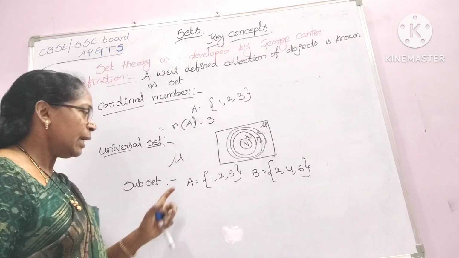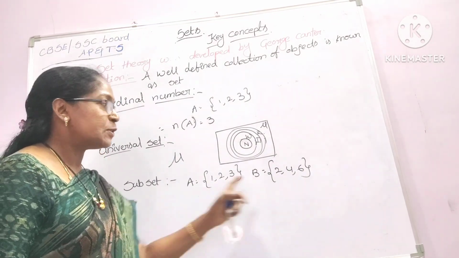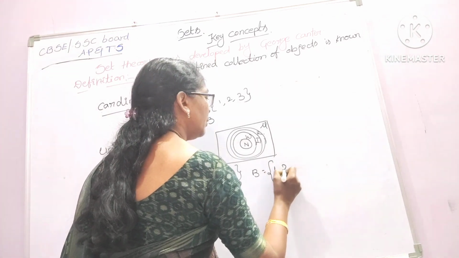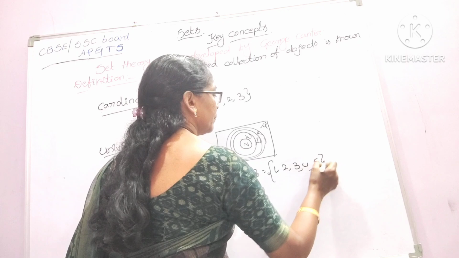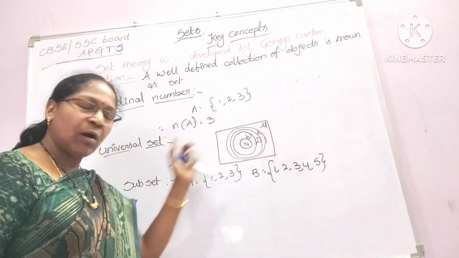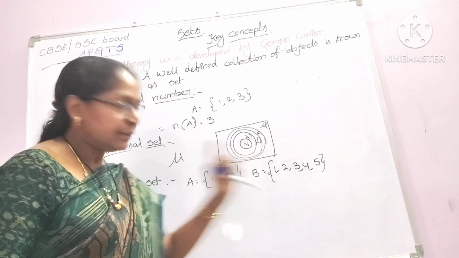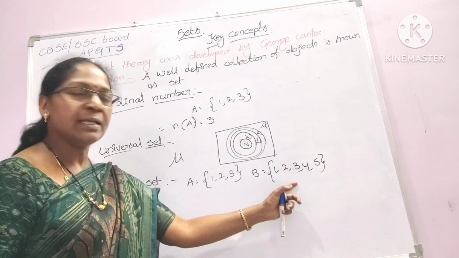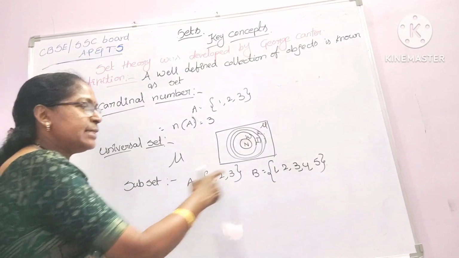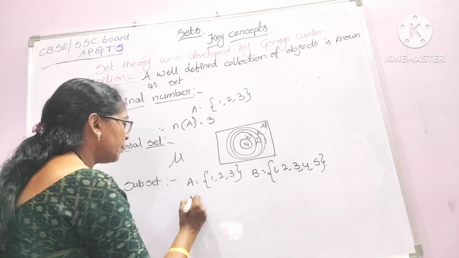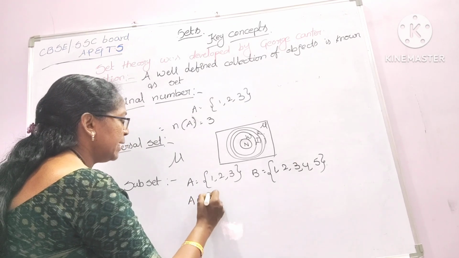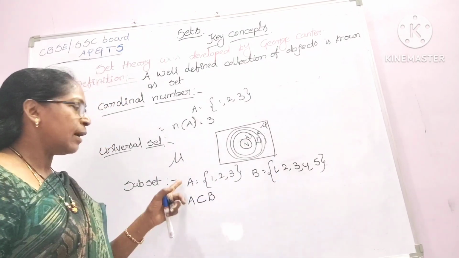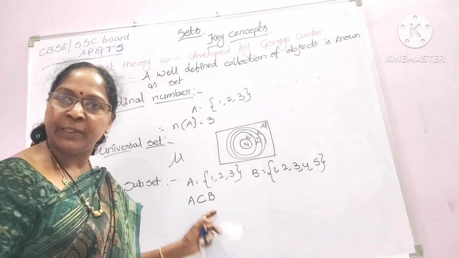Then we call A a subset of B. That means all elements of set A are there in set B. Then we can say that set A is a subset of set B. You can represent the subset symbol like this: A subset of B. That means all these elements are there in set B, so set A is a subset of set B.